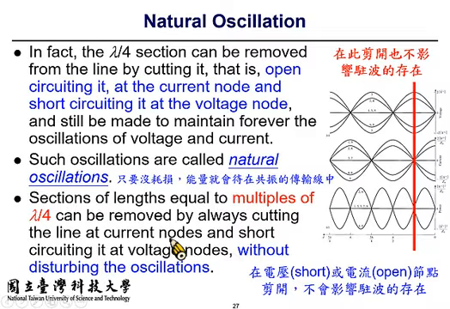Suppose you cut the transmission line at the position of the red vertical line. However, you need to cut the transmission line carefully. As long as you cut at this position, leaving it as an open circuit, what happens?